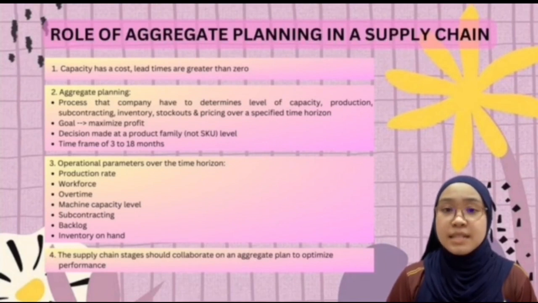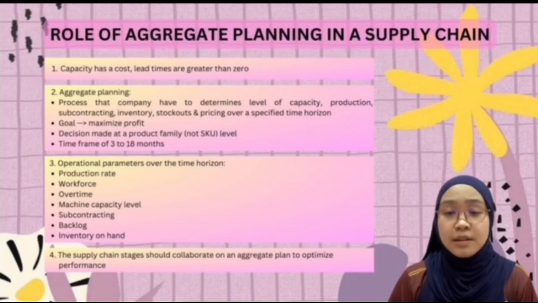Next, the decision is made at a product family level, which is known as SKU. For your information, SKU stands for Stock Keeping Unit. It is a number that retailers assign to products to keep track of stock level internally. If a product has different colors and sizes, each variation has a unique SKU number.